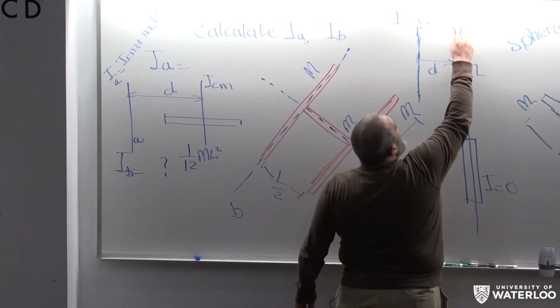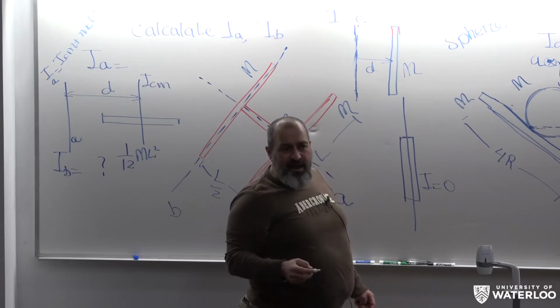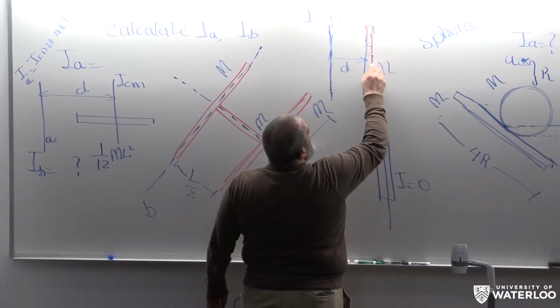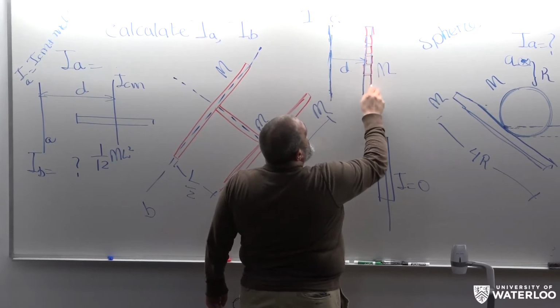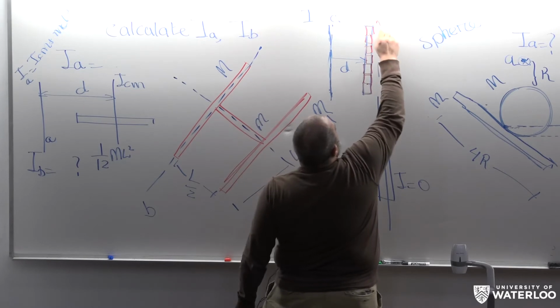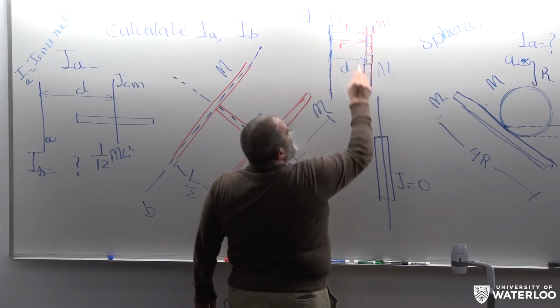Right? The bar can be thought of as being made of a bunch of point masses, right? So this is just a kind of intuitive explanation of what's going on. Each one has mass M, and they're all sitting at distance R, so they're a bunch of point masses.